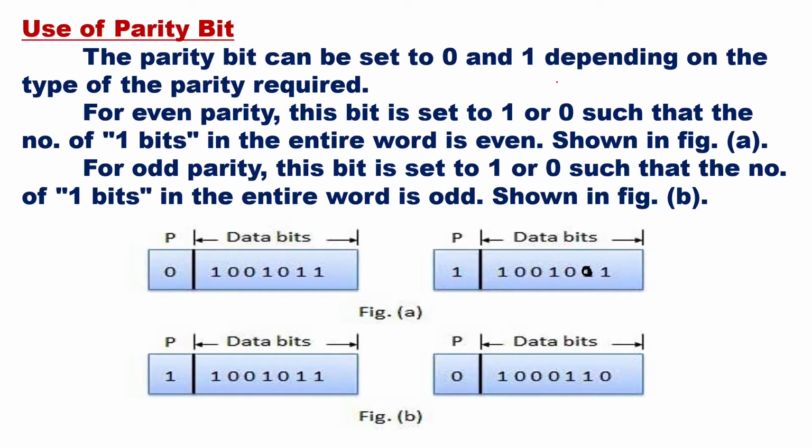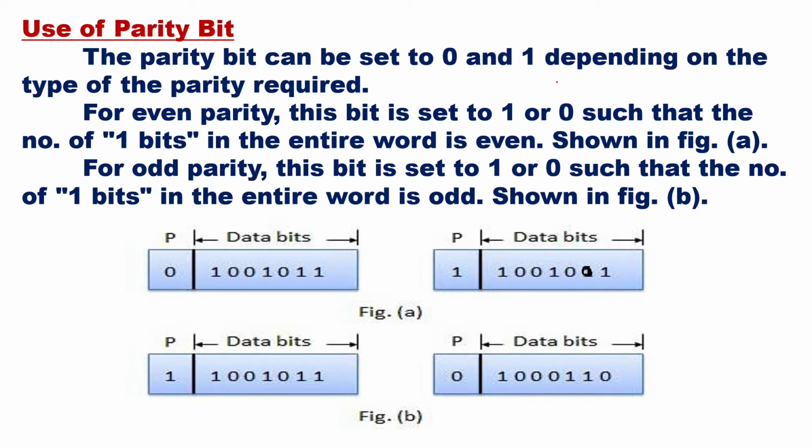Then how do you use even parity and odd parity? An example can be given here. In the theory, the parity bit can be set to 0 or 1 depending upon the type of parity required in your system.